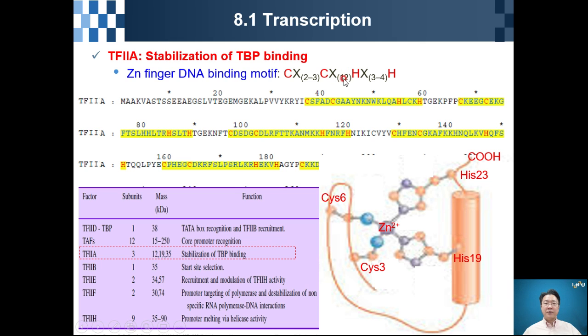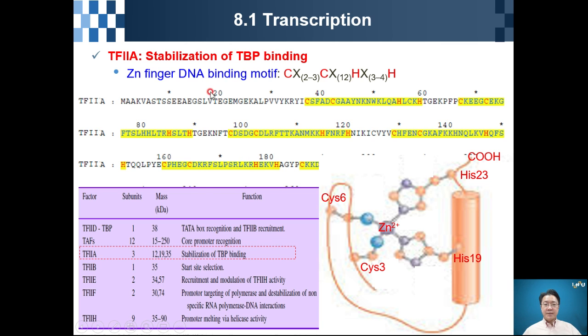X12 means about 12 amino acids come here, and H means histidine, and X means any amino acid comes here, and H means histidine. So this is the zinc finger DNA binding motif, and transcription factor 2A has this motif in these positions.